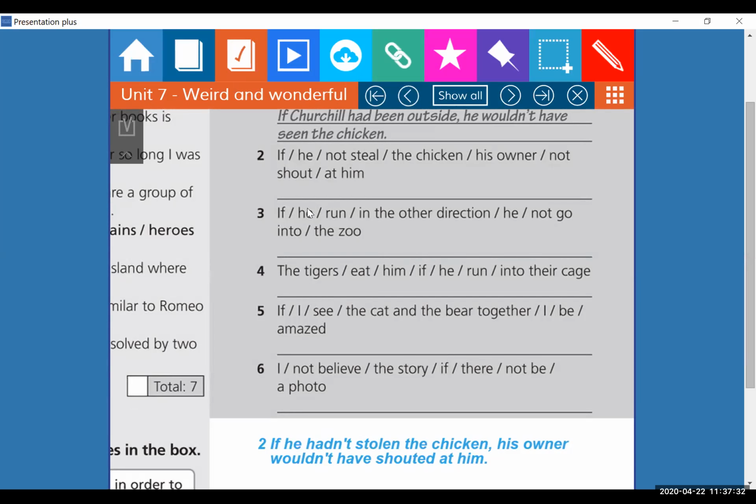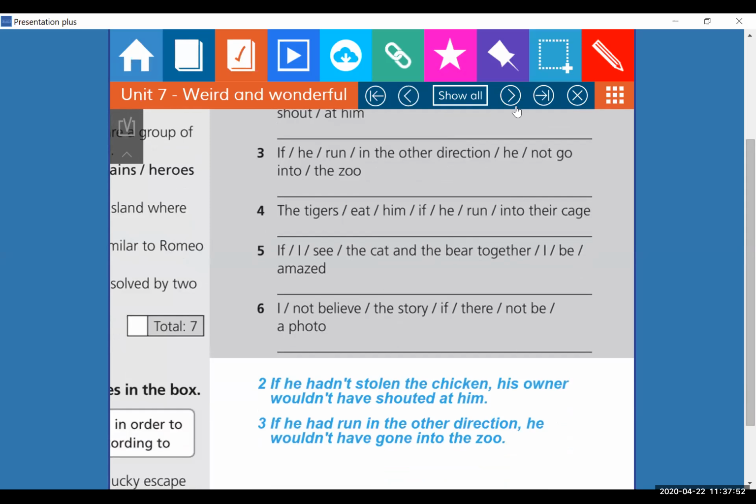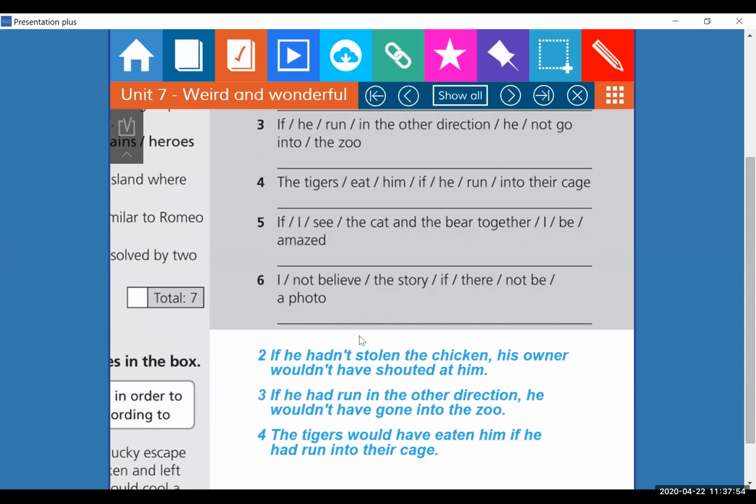And the third one: if he had run in the other direction, he wouldn't have gone into the zoo. So guys, I'm just sharing the answers. The tigers would have eaten him if he had run into their cage. It means tigers didn't eat him and he didn't run into the tiger's cage.